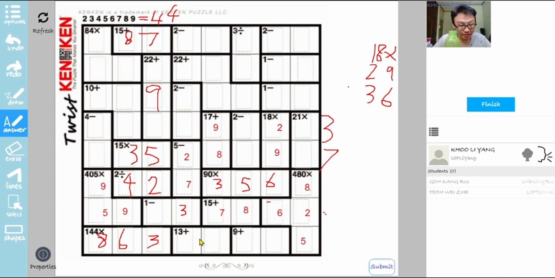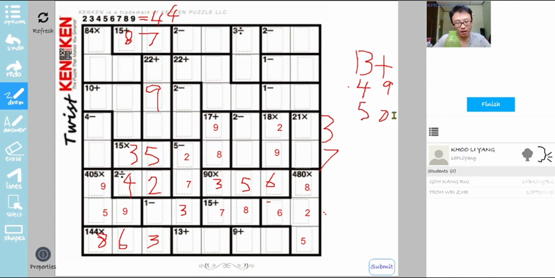Okay. Now we focus on the 13 plus box. There are three possibilities, which are 4 plus 9, 5 plus 8, and 6 plus 7. 8 is already used in this row for sure, so this possibility is out.